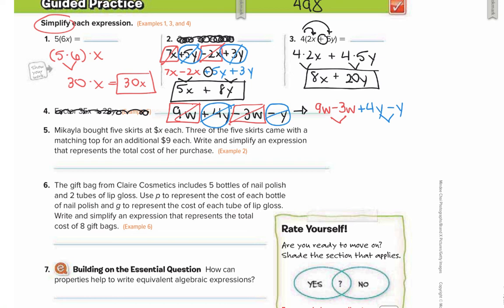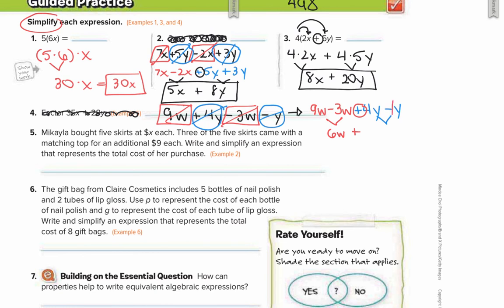So 9w minus 3w is 6w plus 4y minus y. Remember there's an imaginary 1 here. So 4y minus 1y is 3y. And we would leave it like that because we can't add something with a w with something with a y.